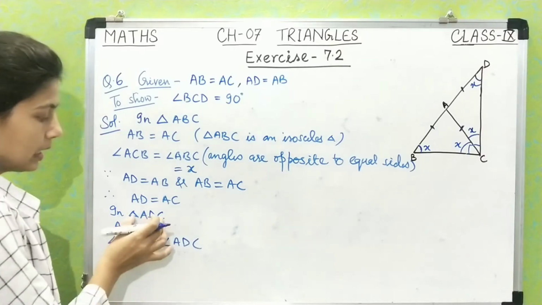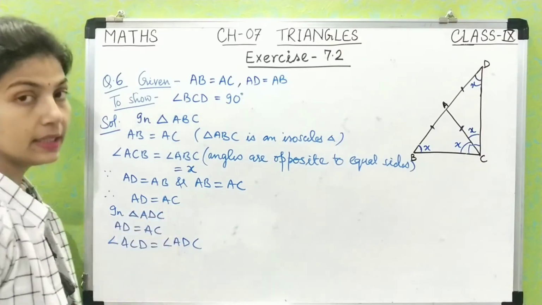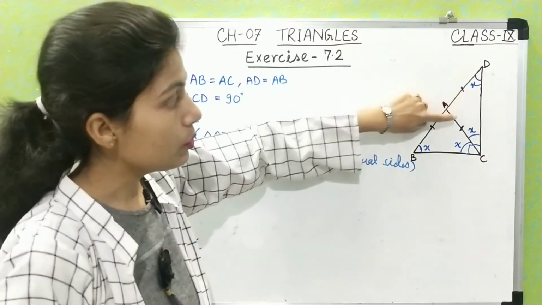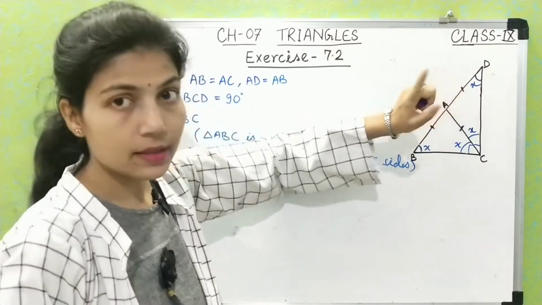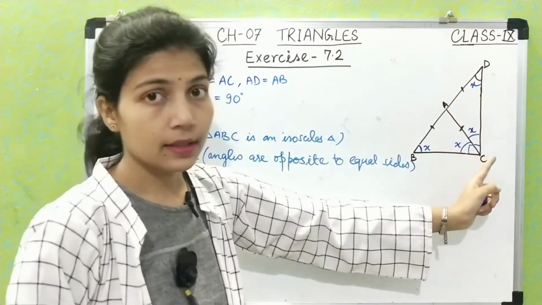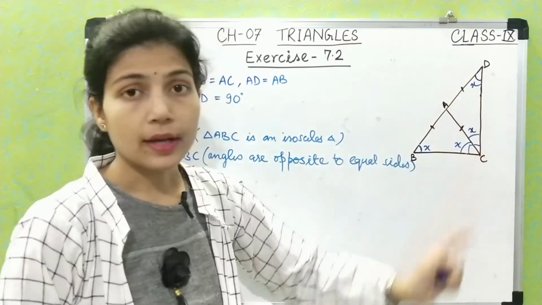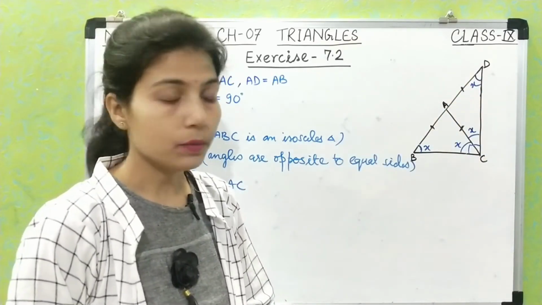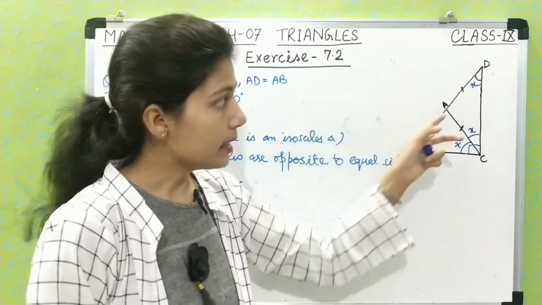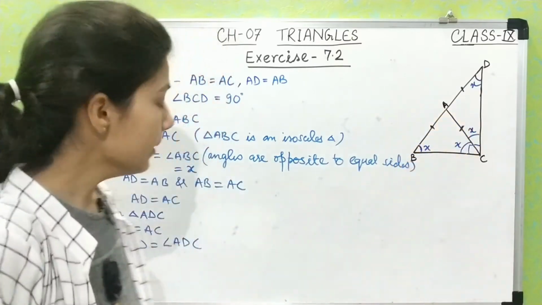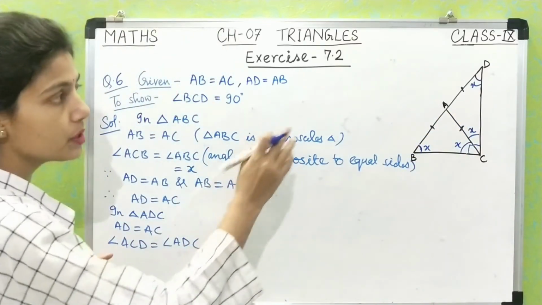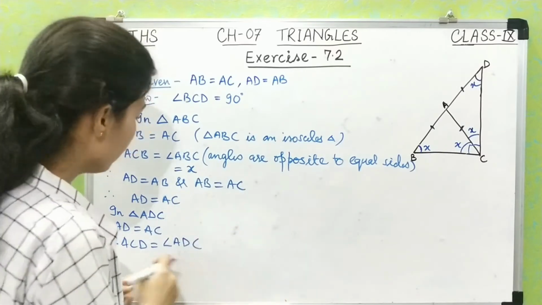Here AD equals AC, and AD and AC are the sides of triangle ADC. That's why triangle ADC will be an isosceles triangle, because there are two equal sides in this triangle. So the angles opposite to these sides will also be equal.